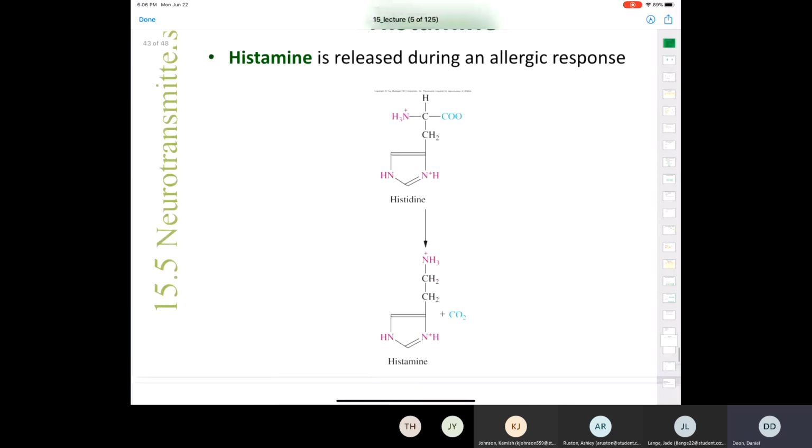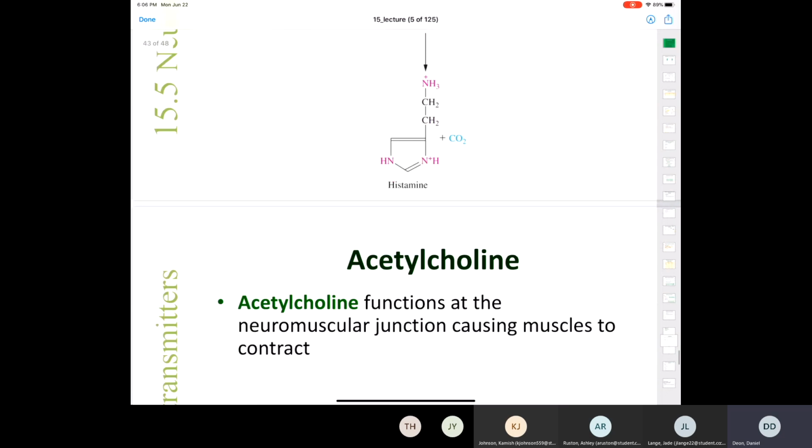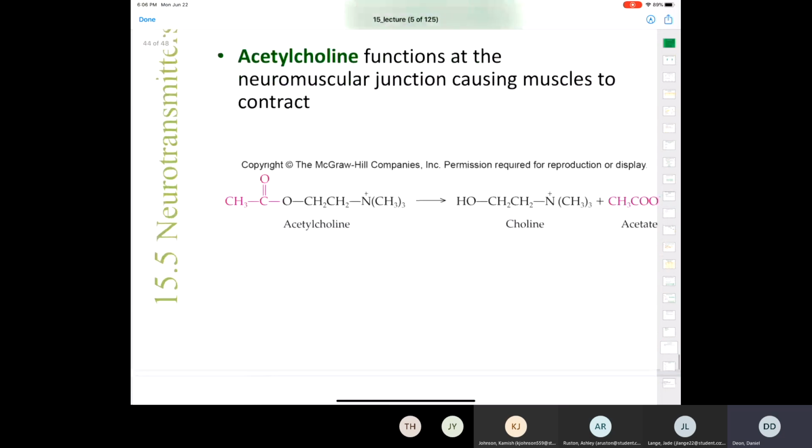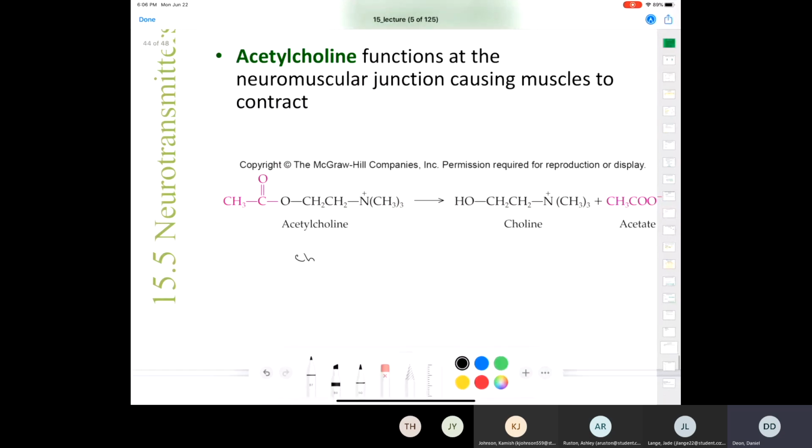And then histamine is also another neurotransmitter, and it is derived from the amino acid histidine. So histidine is a naturally occurring amino acid. I'll put that on here, amino acid. So really, I'm thinking about this while I'm talking to you about it. All I would expect you to know is the names of these neurotransmitters. Acetylcholine is another neurotransmitter that is derived from the molecule choline.